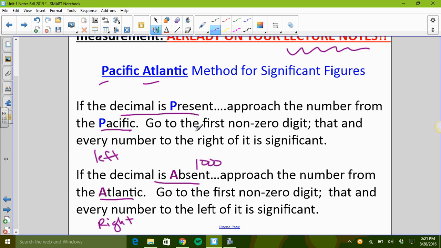Whenever you start counting sig figs, you start at the first non-zero digit from whichever way you are counting from. So don't count the zeros unless it says to, meaning it's in the middle of the number someplace. Let's look at these.